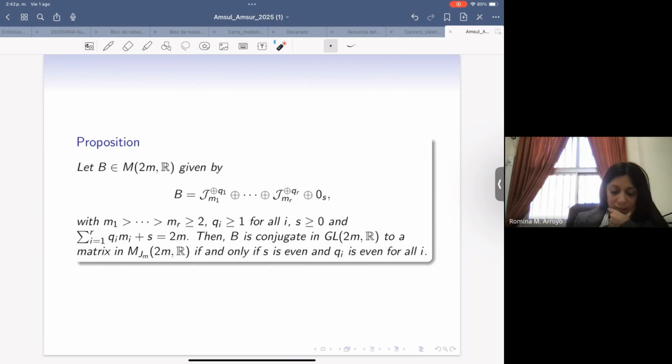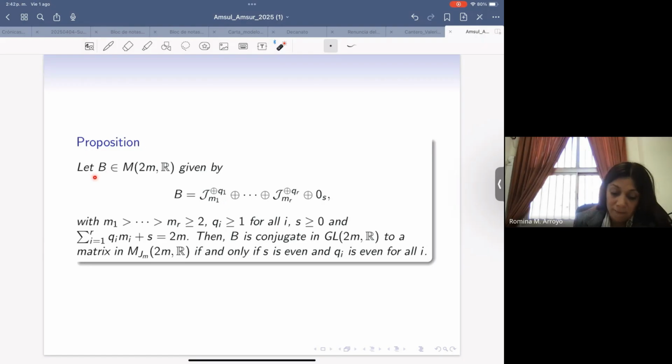And the first proposition that we prove, here in the nilpotent case, so all of these blocks have a 0 eigenvalue.